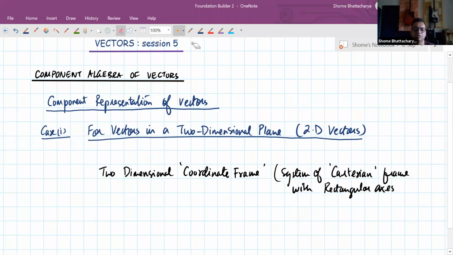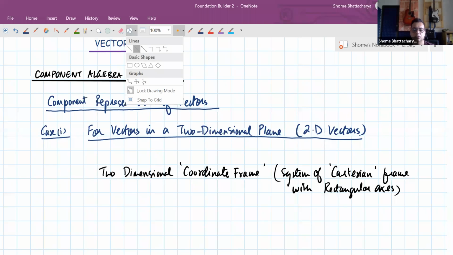All these names are very complicated, but in reality it's very simple. In two dimensions, a coordinate frame just consists of two axes, an x-axis and a y-axis.